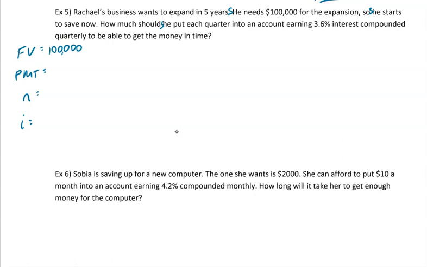So we're going to be solving for that. N is number of compoundings per year times the number of years. So it's going to be per quarter, which is 4 times a year, for 5 years. So that's 20.